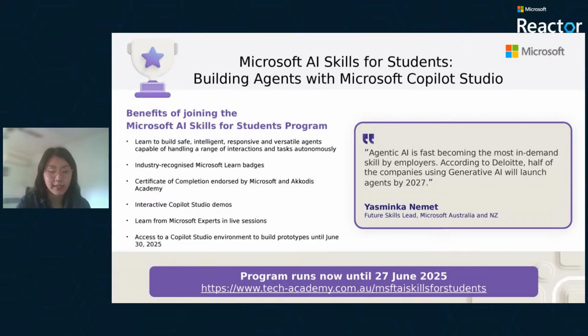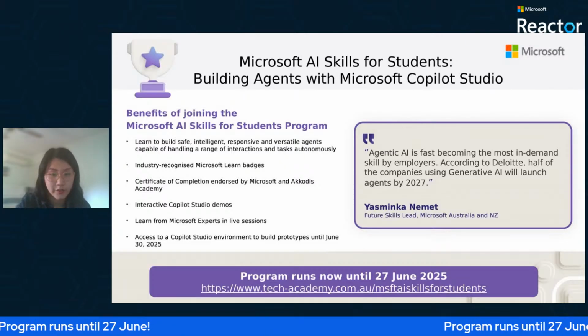In the live sessions, you will learn directly from a Microsoft expert, and they will show Copilot Studio demos. Finally, you'll have the opportunity to get access to a Copilot Studio environment so you can build agent prototypes until the end of June. Now, this program only runs until the 27th of June this year, so we have a little under 2 months left, and there are still a number of cohorts remaining that you can join.